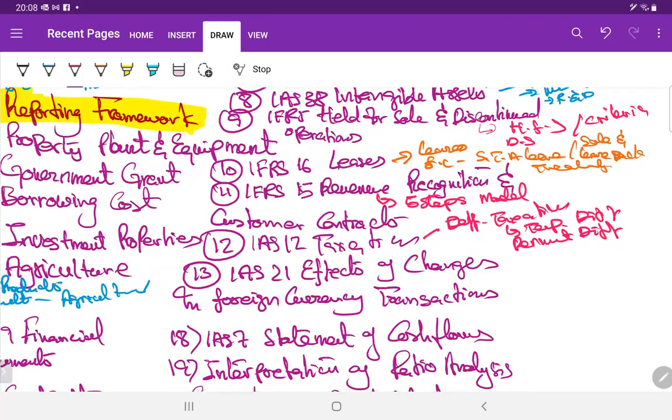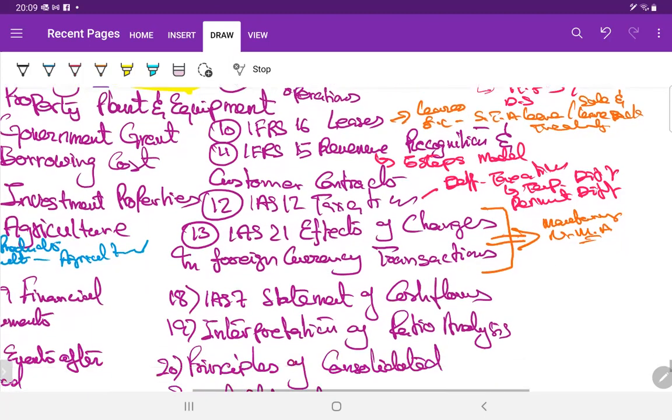Then we will have IAS 21, Effects of Changes in Foreign Exchange Rates, which will include how to recognize the changes of foreign currency transactions in monetary and non-monetary assets in complete detail.